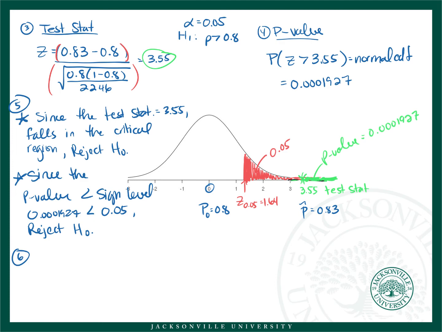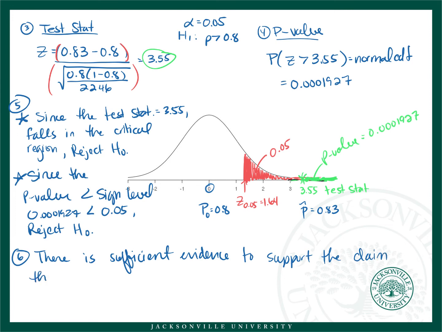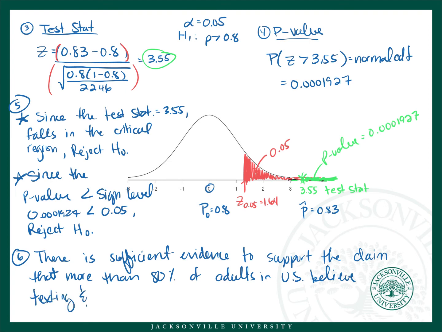So here, because the original claim is the alternative hypothesis and we're rejecting the null hypothesis, we would say there is sufficient evidence to support the claim that more than 80% of adults in the United States believe that texting and driving should be illegal.